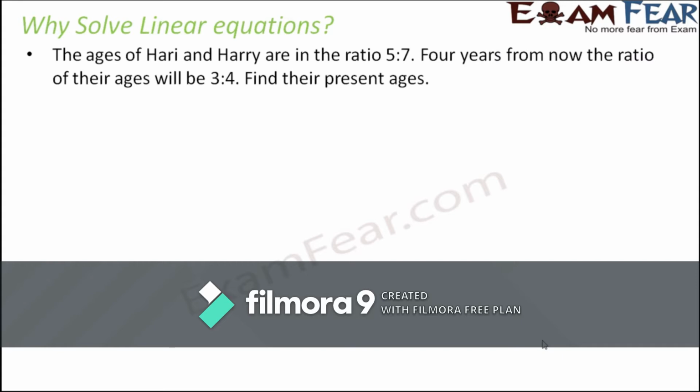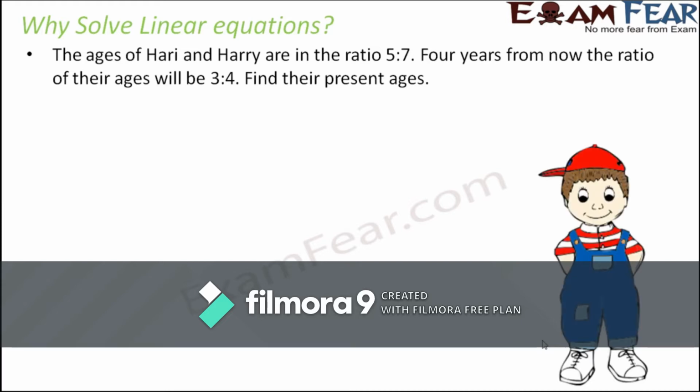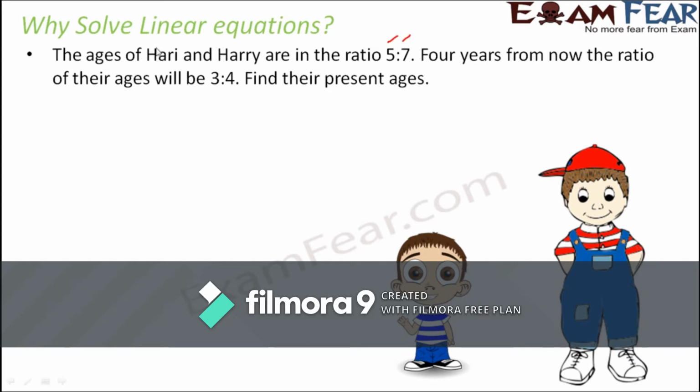So let us look at another example. Let's say there is a problem statement where you know that there are two brothers, Hari and Harry, and their ages are in the ratio of 5:7. Since the ratio is 5:7, that means Hari is younger than Harry. So let's say this is Hari and this is Harry.